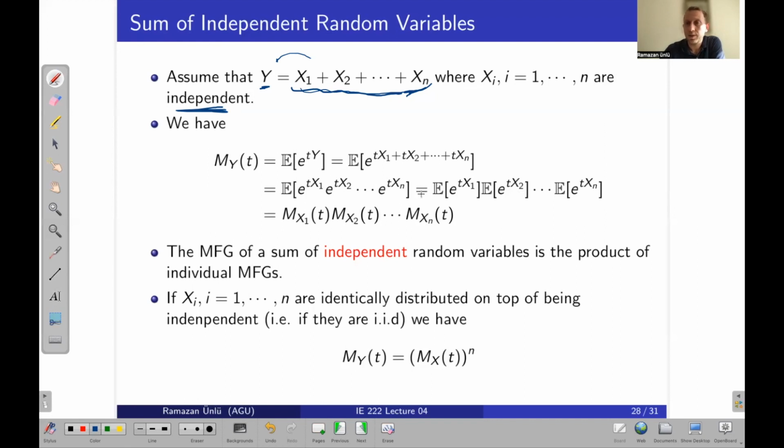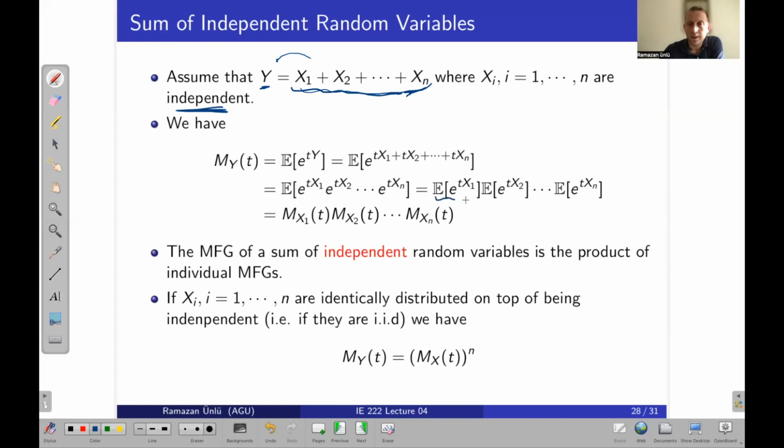We have seen this equality in the previous lectures, and we will also see it in the last lectures. If these random variables are independent, the expected value of the multiplication of those random variables is equal to the multiplication of their expected values.